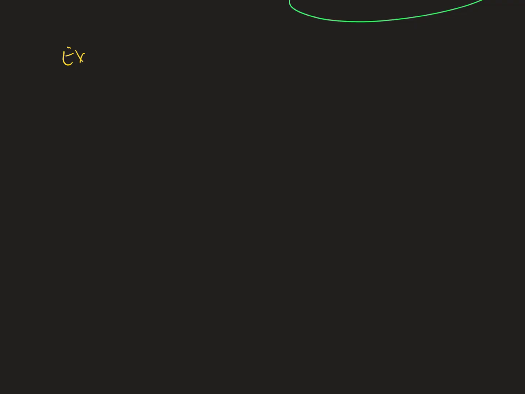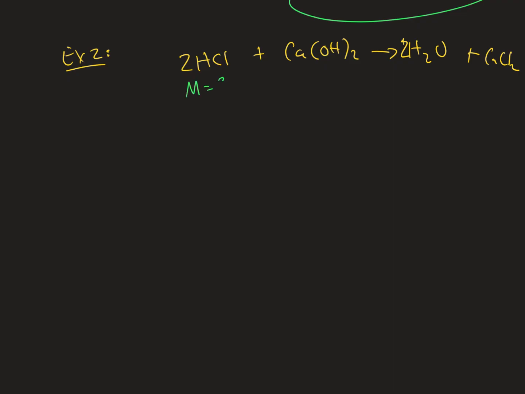Do another example. So I'm still going to use this same one just to make it easy for us. Calcium hydroxide goes into H2O plus calcium chloride. There's a 2 right there. Okay. So now we want to know the concentration of this.